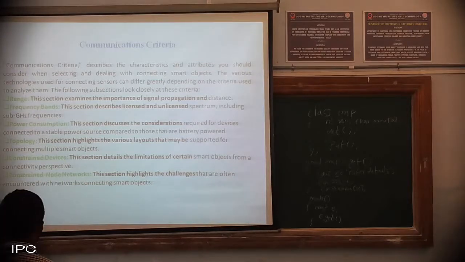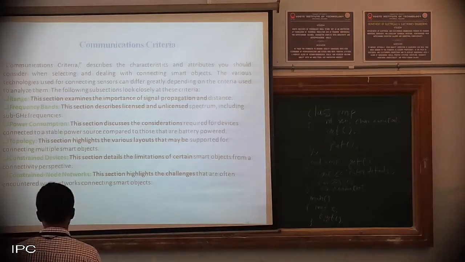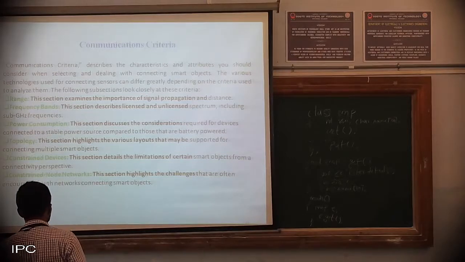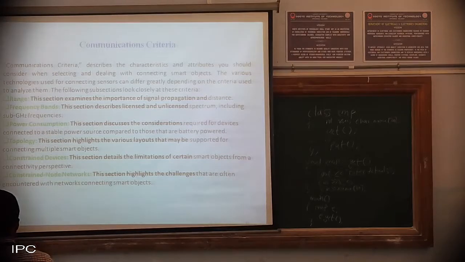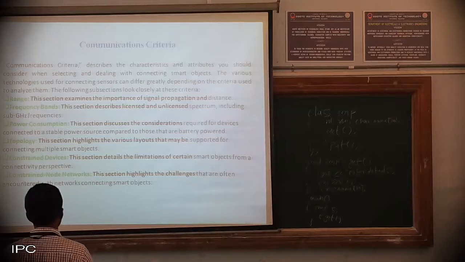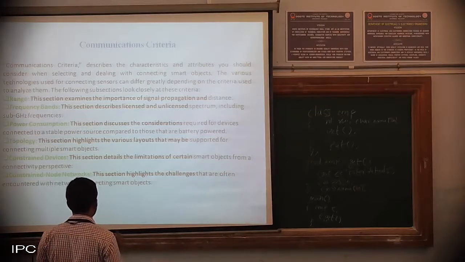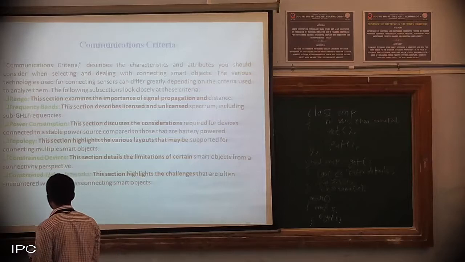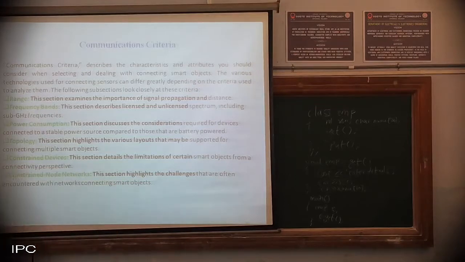constraint devices. This we are going to discuss next: the meaning of constraint devices, meaning limitations of certain smart objects from the connectivity perspective. And the constrained-node network also we are going to discuss, that is the challenges often encountered with the network connecting smart objects.